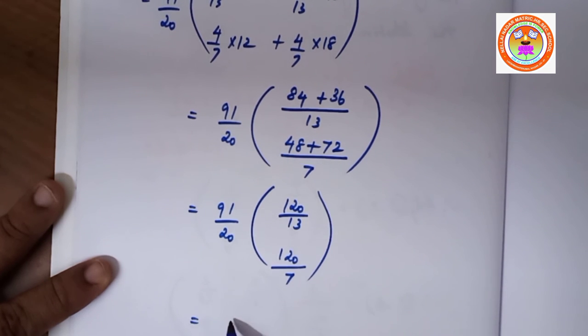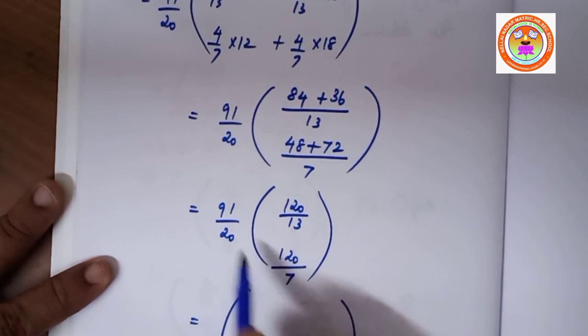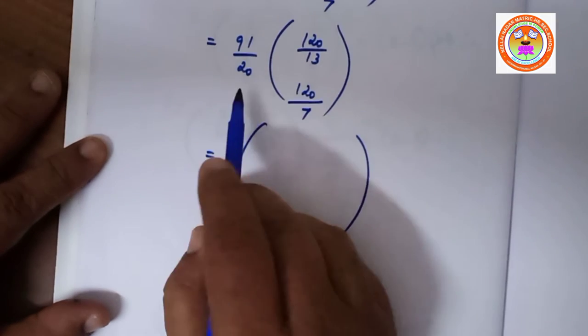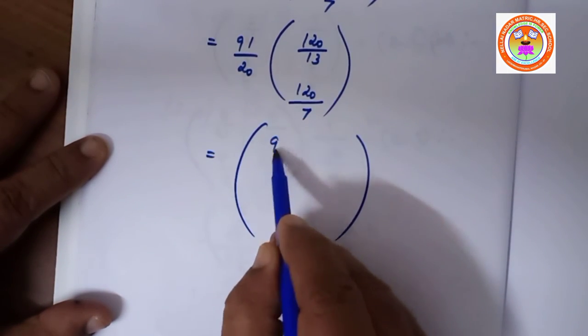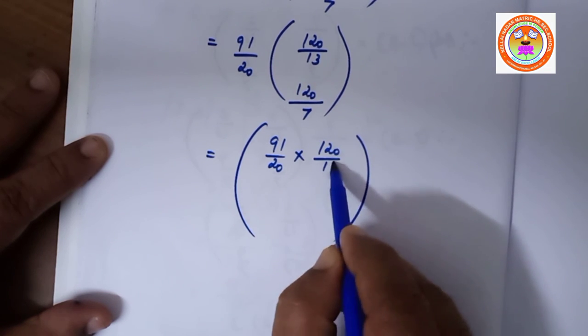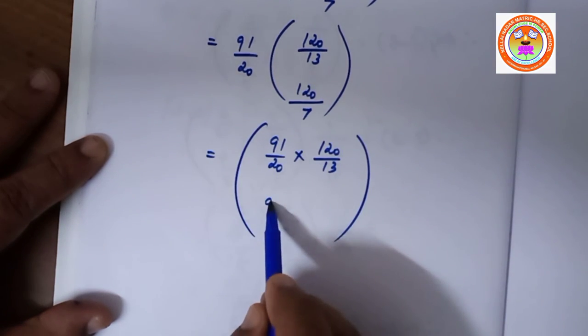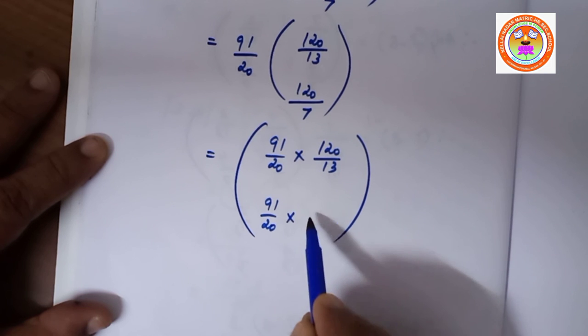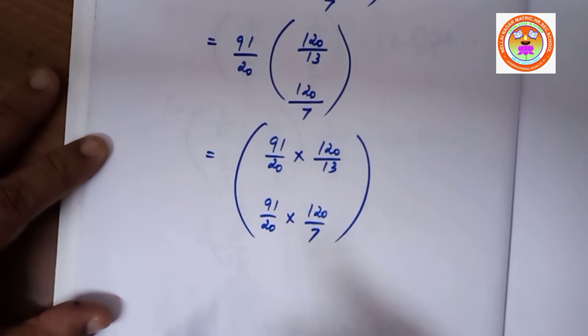Multiplying these, that is 91 by 20 into 120 by 13, and again 91 by 20 into 120 by 7.